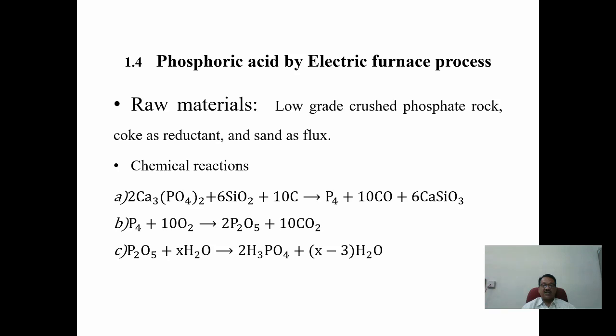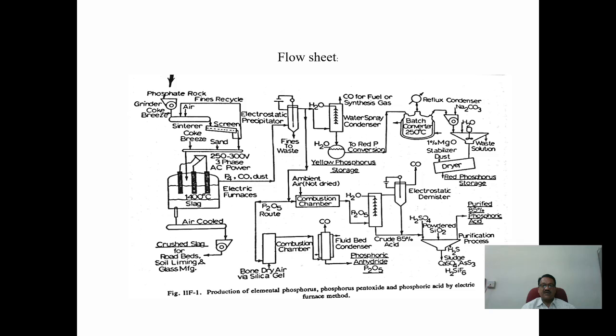The phosphorus pentoxide thus formed is then absorbed in water, which gives phosphoric acid. These are the chemical reactions which take place in this process.